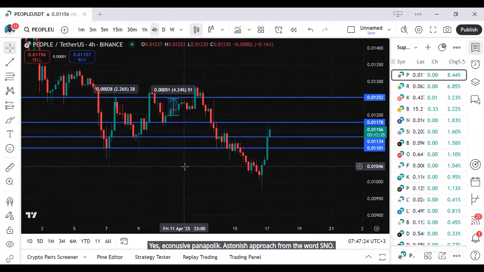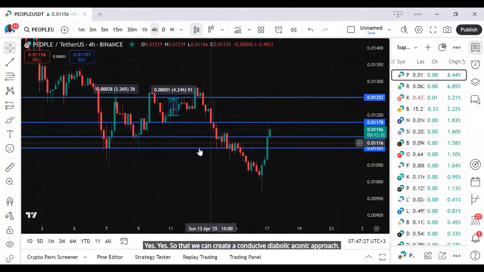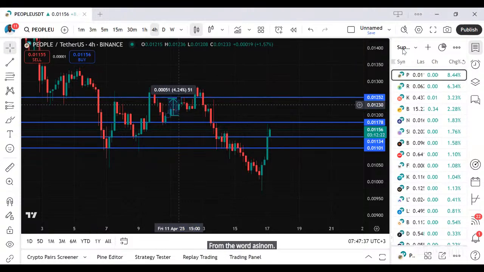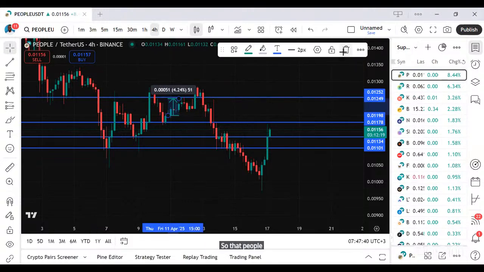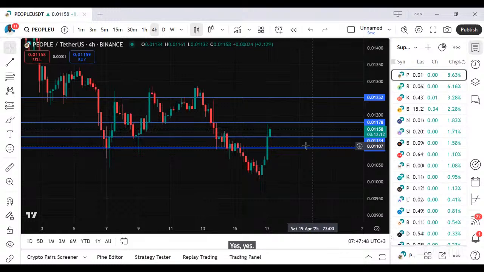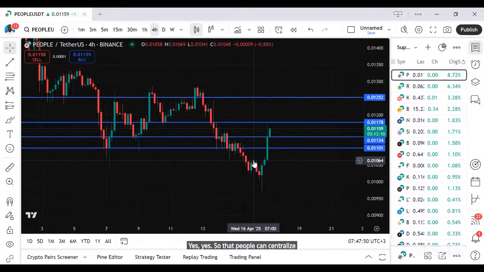Yes, yes, so that we can create a conducive parabolic astonic approach from the word arsenal. So that people can also arsenalize the market all the time. Yes, yes. So that people can arsenalize the market all the time.